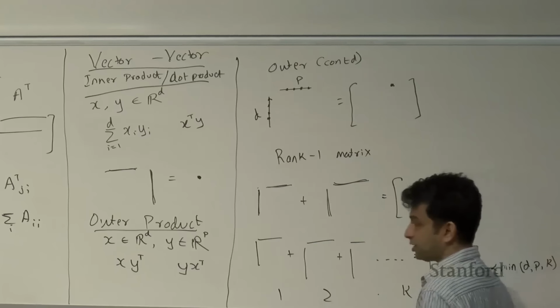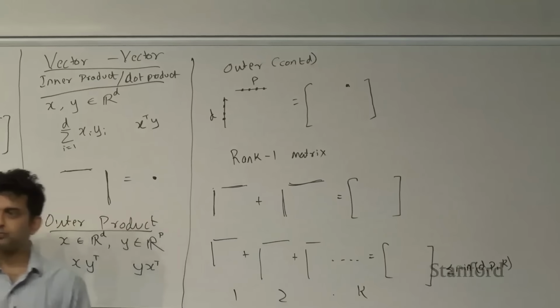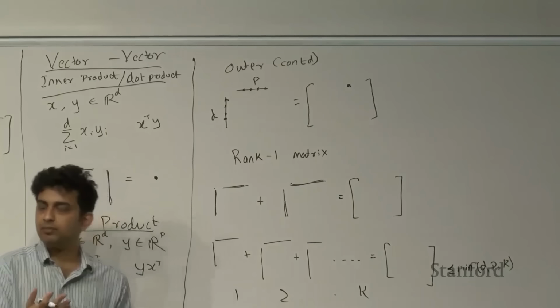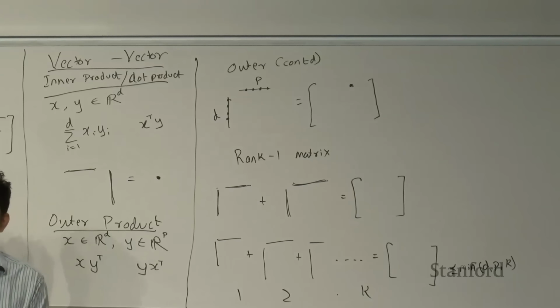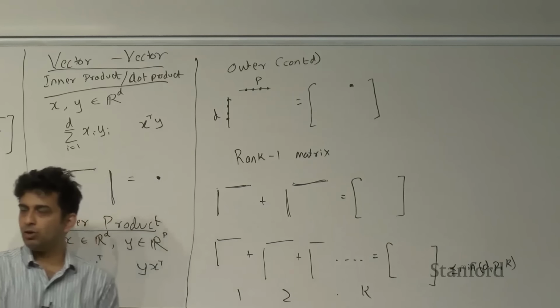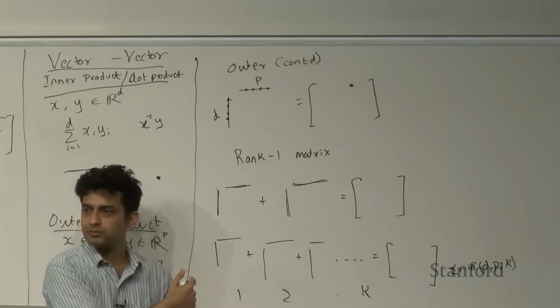The rank of the matrix cannot be bigger than the smaller dimension of the matrix. So by adding linearly independent rank 1 matrices, you're increasing the rank of your resulting matrix, but you can only go up as high as the smaller of the two dimensions.